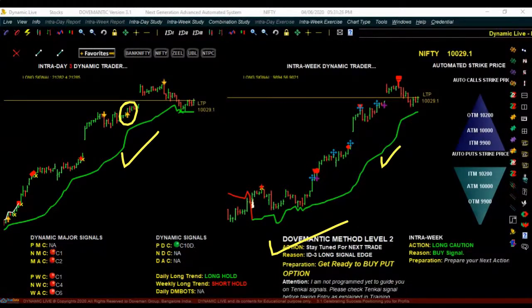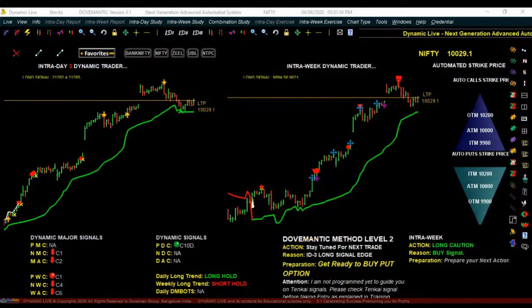We then checked the dynamic system level 2 trading method, and as per that we were supposed to be holding a long position. So all three are pointing upward, telling you to hold the long position or get into a long trade. Since everything is pointing into an uptrend, there is nothing to worry about, no thinking, no guessing, just go ahead and do the trade. We did the trade, and it ended up giving us good profits.